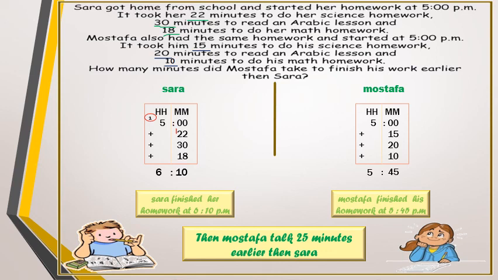As I know, it takes only 15 minutes to reach 6 o'clock. And now it's 6 o'clock. How many minutes does it take to be 6:10? So I will add 10 minutes more. 15 plus 10: 5 plus 0 is 5, 1 plus 1 is 2. So this means that Mustafa took 25 minutes less than Sarah. He finished his homework 25 minutes earlier than Sarah.